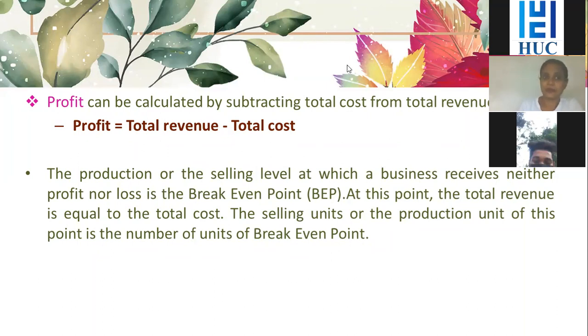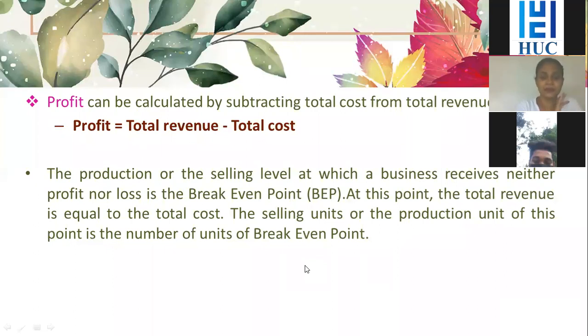You have another point. The production or selling level at which a business receives neither profit nor loss is the break-even point, or BEP. At this point, the total revenue is equal to the total cost. The selling units or production units at this point are the number of units at the break-even point. Same thing that I told you.